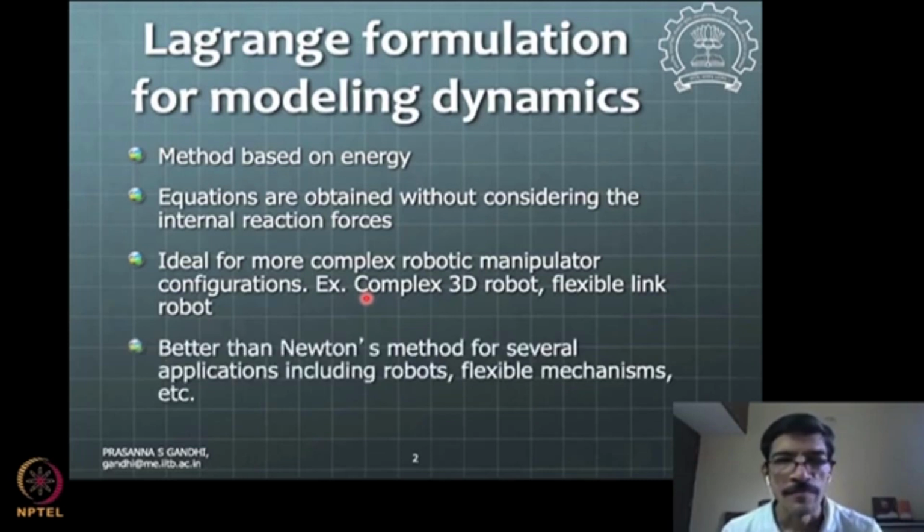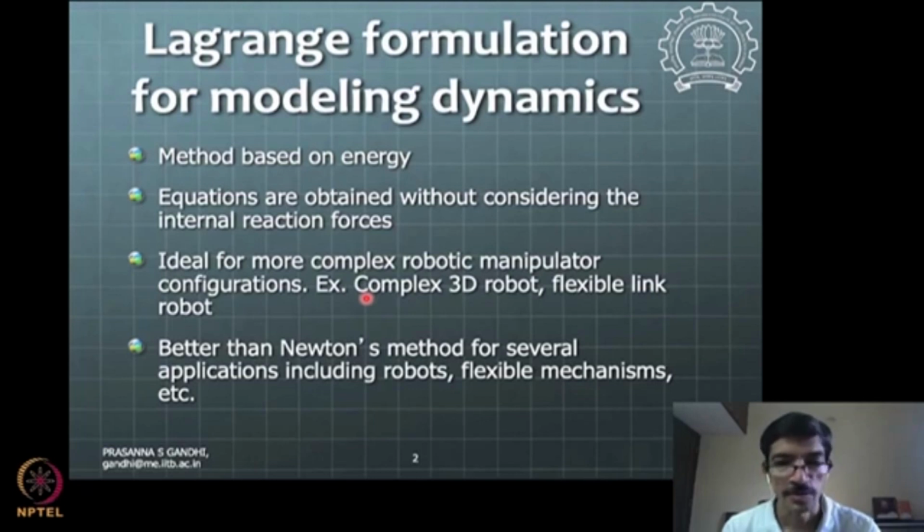Then it's better than Newton's method in a couple of things actually. As I said earlier, these equations are based purely on energy principles, and the equations that you finally get have some kind of a mathematical structure, which will also be there in the equation obtained by Newton's method.